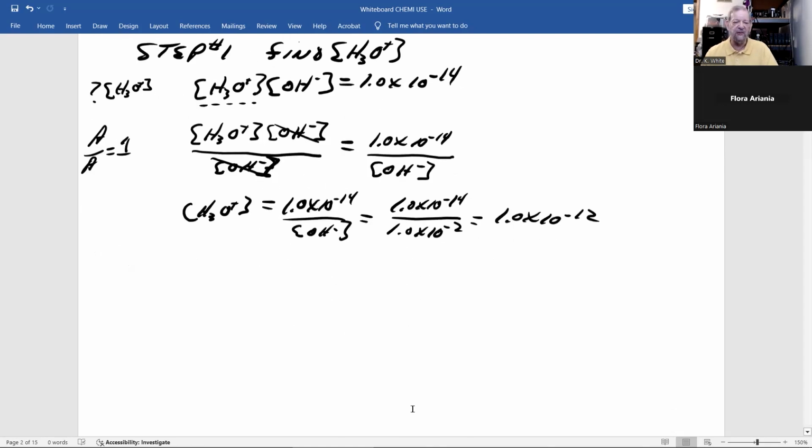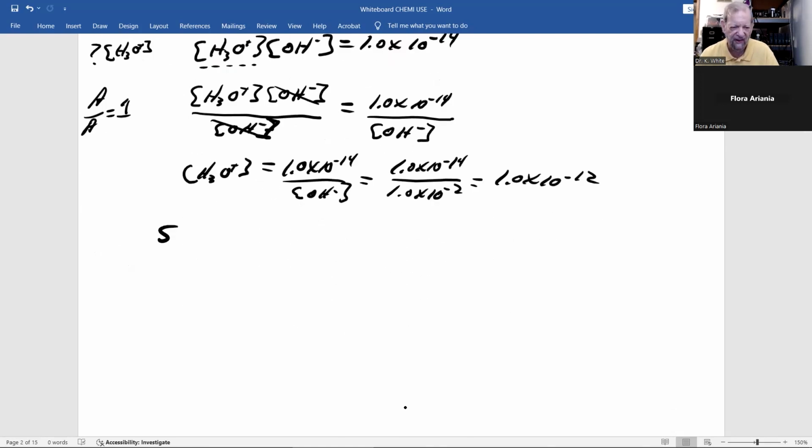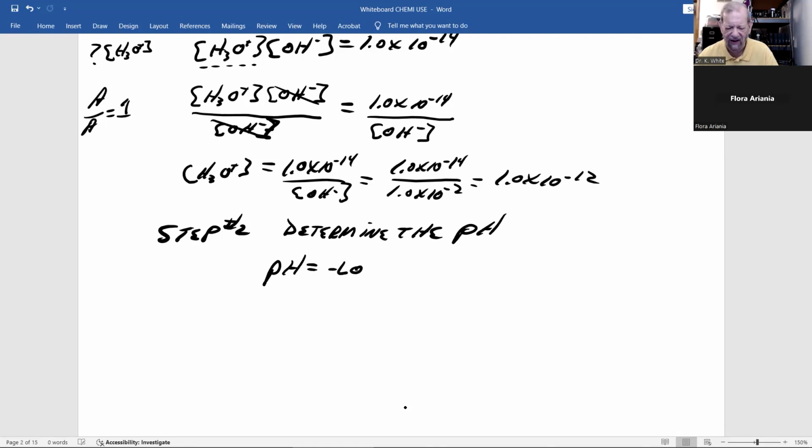We now have the hydronium ion concentration. And now we'll do the second step. Determine the pH. And again, from important information, test number 4, pH equals minus the log of the hydronium ion concentration.